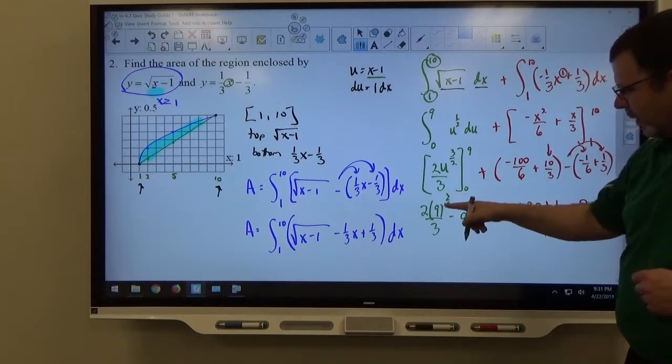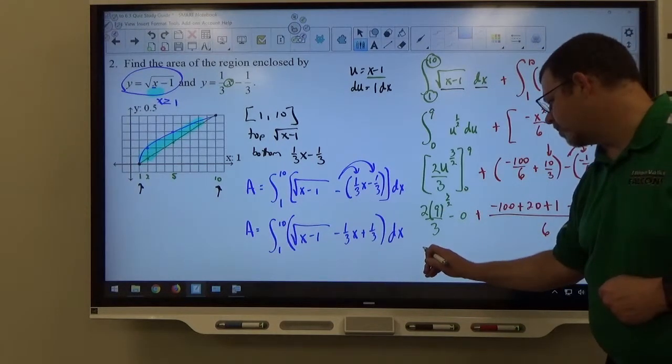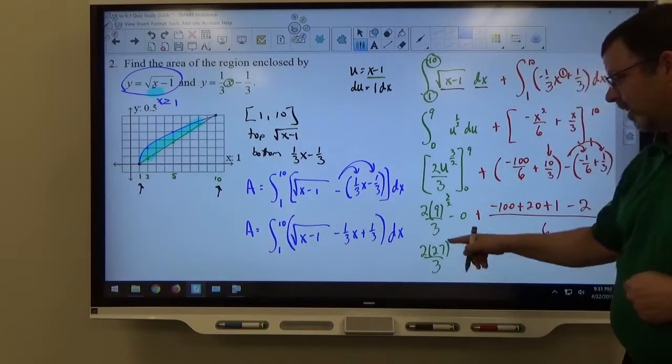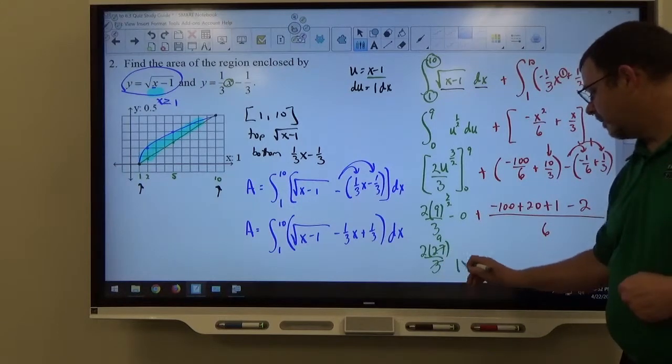The green part, so I can continue figuring this out. The 9 to the 3/2 power, that's going to be 3 cubed is 27, so I get 2 times 27 over 3, which obviously reduces down to a 9 here. So that makes 18.